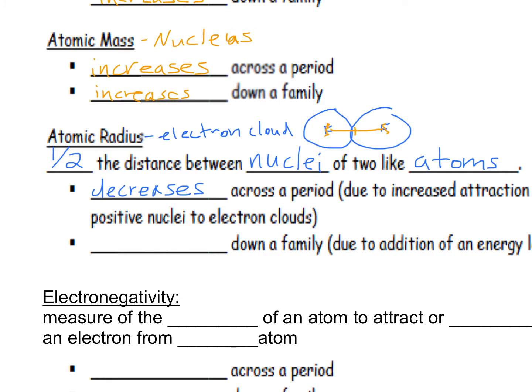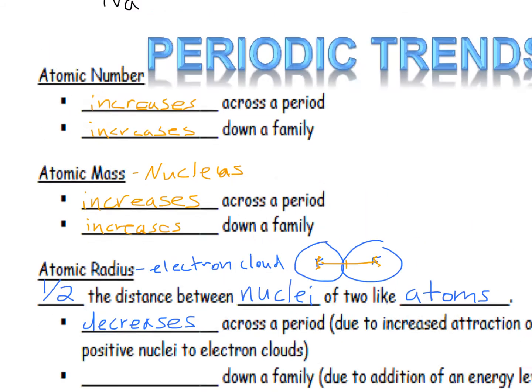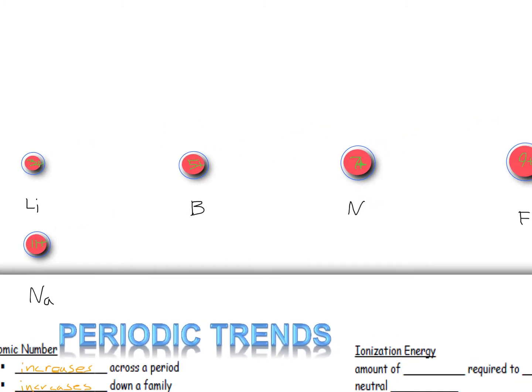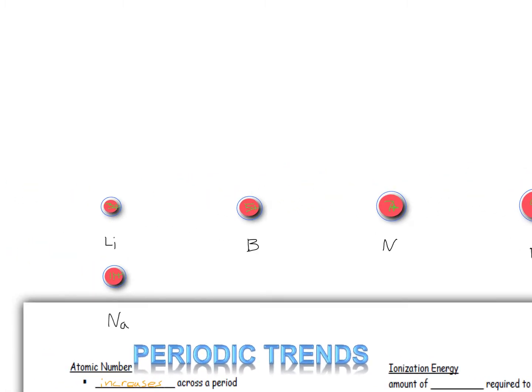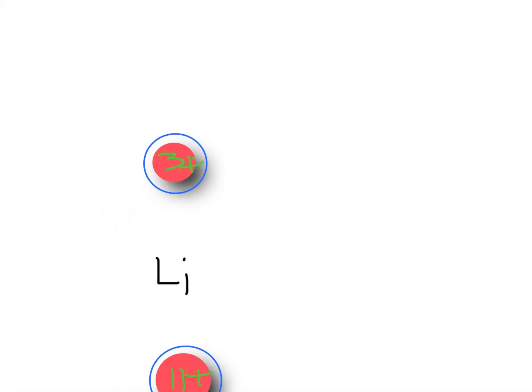So then what is it that changes the size of my atomic radius? Now I had you draw this picture. And the reason is I want to be comparing each one of these as we go across a family. So I'm going to start with lithium. In lithium's nucleus, I have 3 protons.